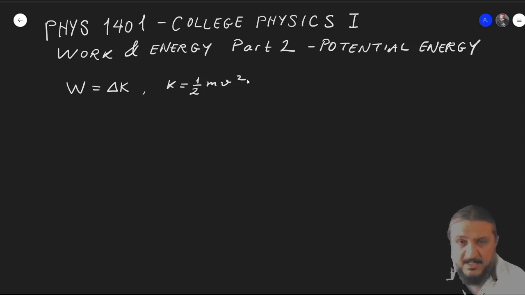I also talked about what happens when the force changes with distance. That would be the area under the force curve, right? That's the work done. So let's talk about potential energy today, another form of energy.